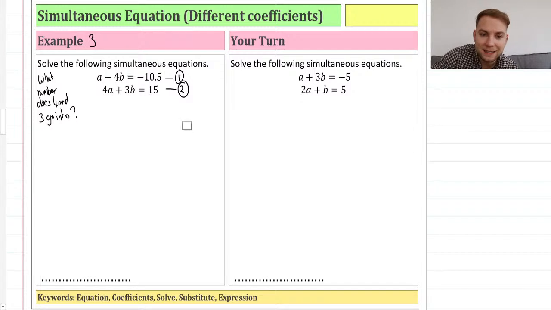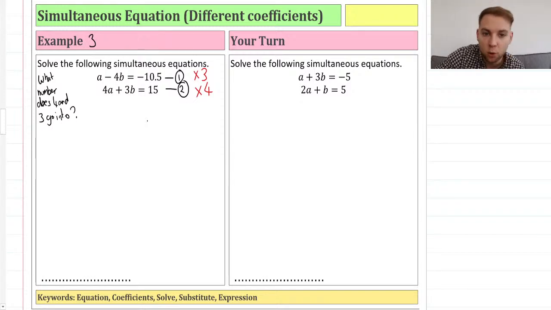So what do I need to times the top one by to make it 12? To get 4 to 12, I need to times by 3 there. To make the other B 12, I need to times by 4. Remember, you're trying to make the coefficients of B the same.